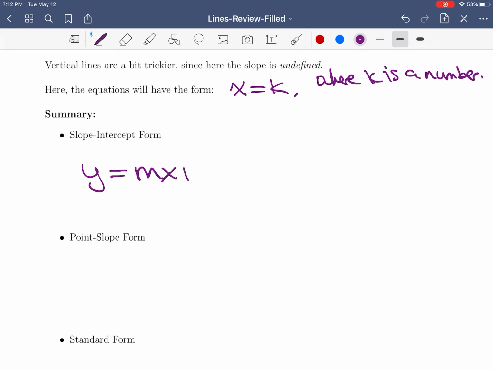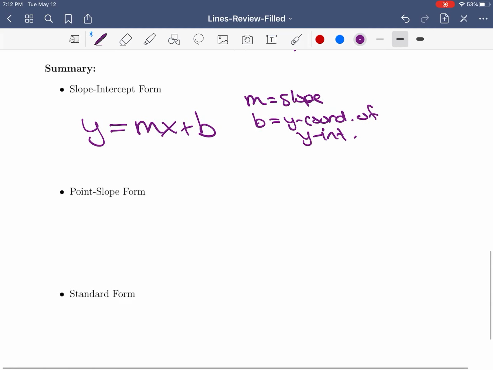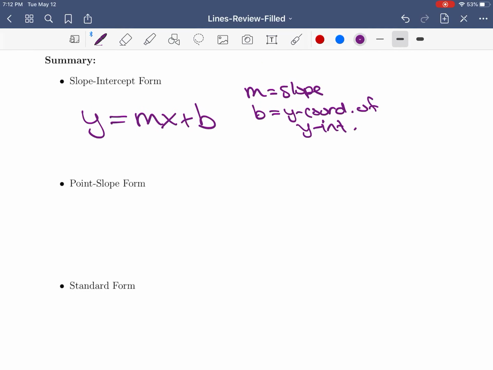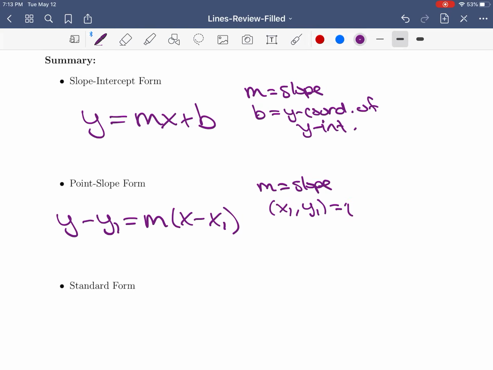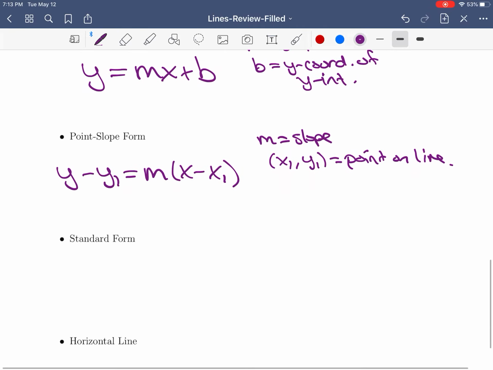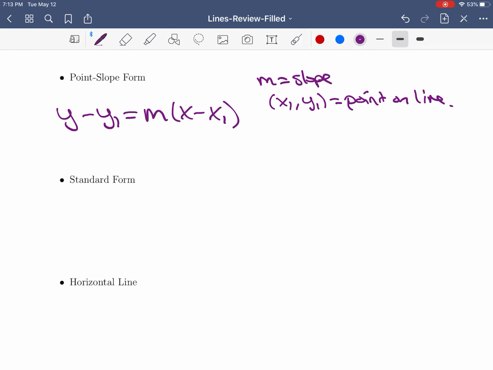So, summary: slope-intercept form looks like y equals mx plus b, where m is the slope and b is the y-coordinate of the y-intercept. Okay, point-slope form: y minus y1 is m times x minus x1. Again, m is the slope. And here, x1, y1 is a point on the line that you know.